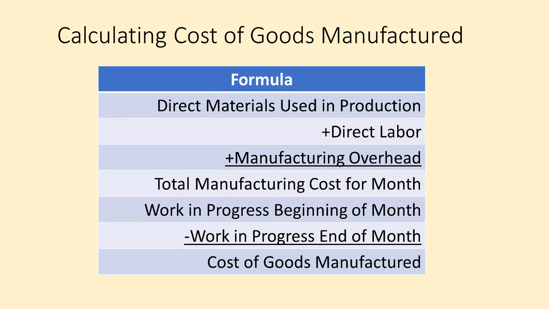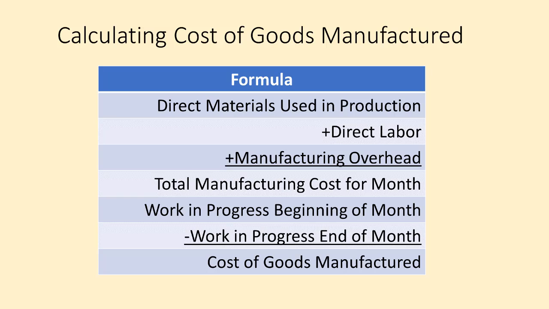Now that we know the cost of the direct materials that were used in production during the month, we could figure out the total cost of goods that were manufactured during the month. Aside from material costs, we add in the direct labor cost and the manufacturing overhead. That gives us the total manufacturing costs for the month.